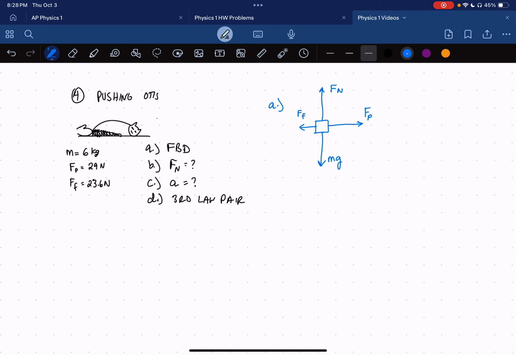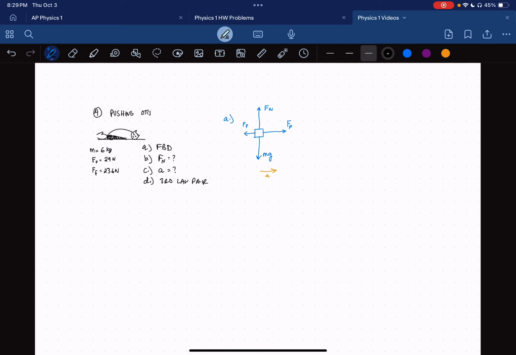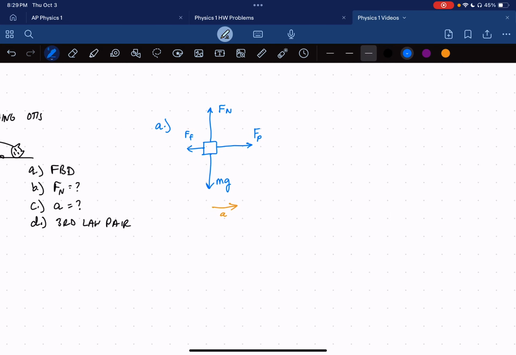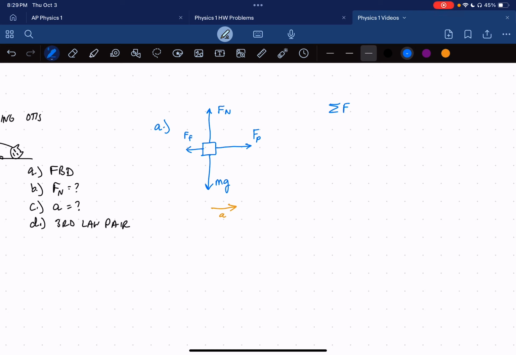If we're pushing Otis and Otis is accelerating, which is implied here with part C, in other words, we need to have a rightward acceleration, and so Fp needs to be greater than Ff, the friction force. Okay, so clearly we have forces in 2 dimensions, the horizontal dimension and a vertical dimension. And so right away you want to write 2 Newton's second law equations.